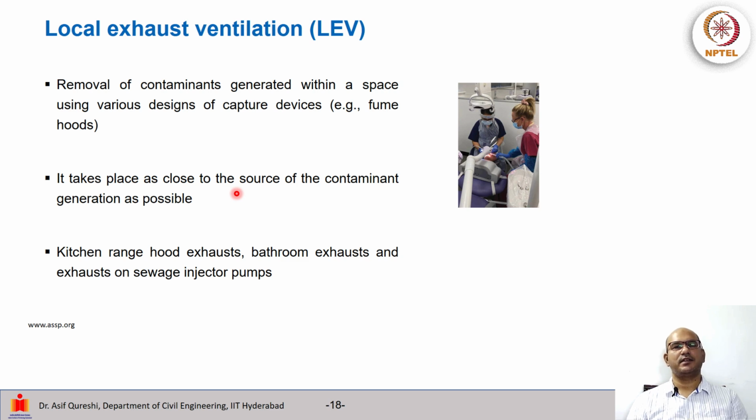This exhaust ventilation takes place as close to the surface of the contaminant generation as possible. Some examples we already know, for example, kitchen hoods, bathroom exhausts, and sewage injector pumps, which are localized in their effects.